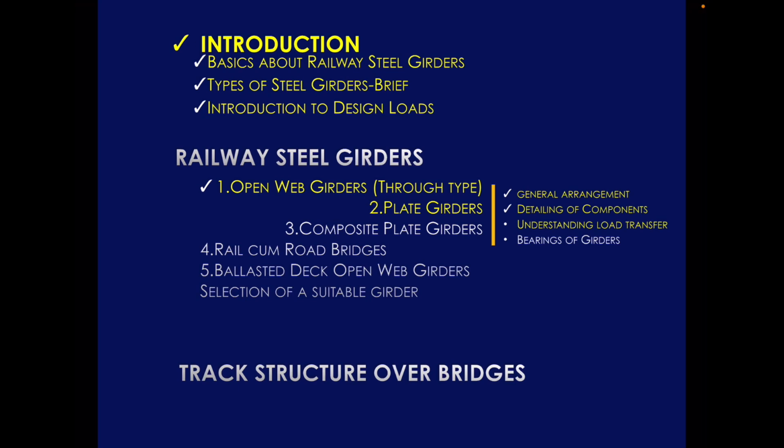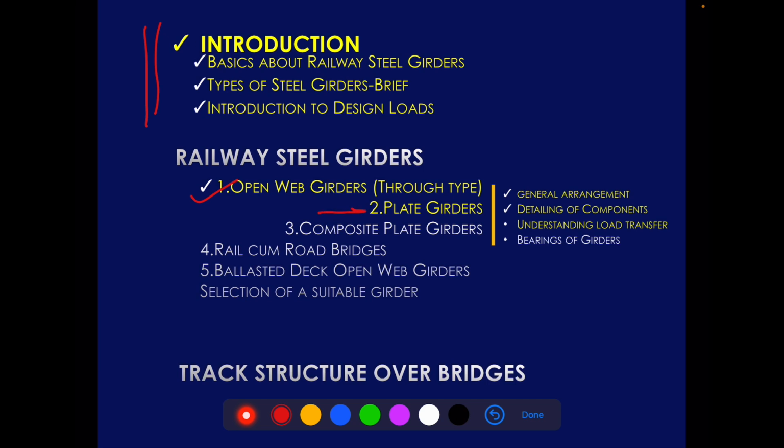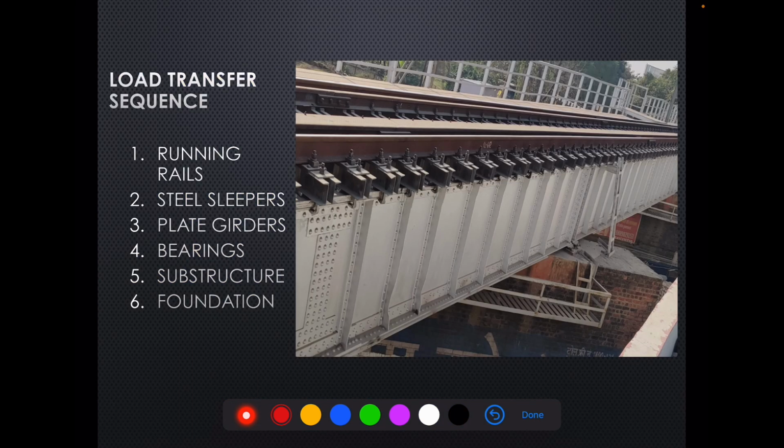So by far we have finished the introduction part. We have finished open web girders and we are now studying plate girders. Now we will understand the load transfer, which is quite simple because plate girders have very few components. This is our plate girder, over which the steel sleepers are provided.